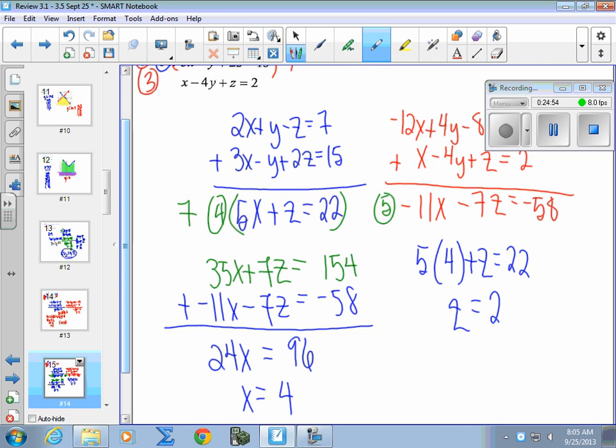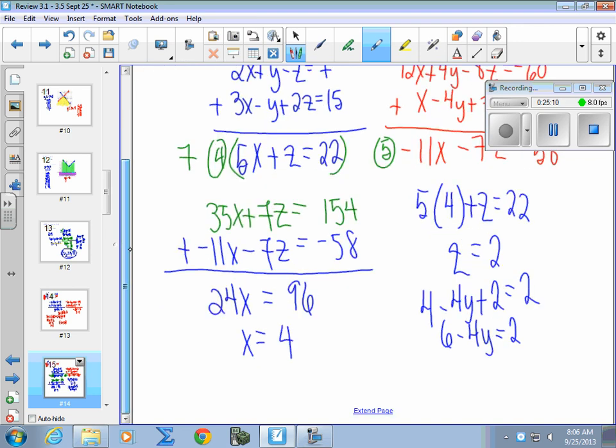Now, let's just plug x and z into the third equation, so I have 4 minus 4y plus 2 is equal to 2. So I have 6 minus 4y is equal to 2.